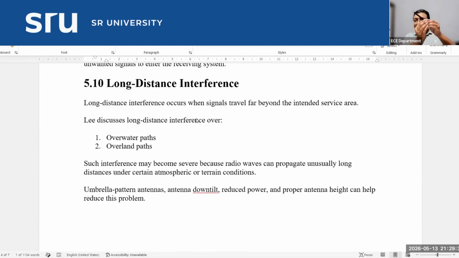We will tilt the antenna beam by tilting the antenna at some angle so that the power is not horizontal, and so that it cannot escape from the cell. And we should keep a proper antenna height. If the antenna height is too high, then it will escape the cell. Okay. So these are all the antenna aspects for reducing interference.